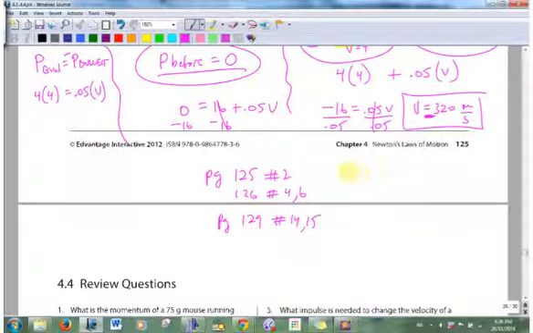And explosion questions I just have differently, so you can do them after or do them all in order here. I'll leave it up to you. 126 number 3 and 129 number 13.